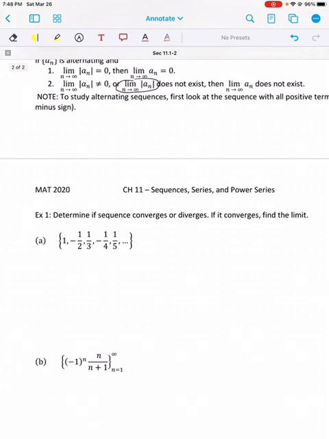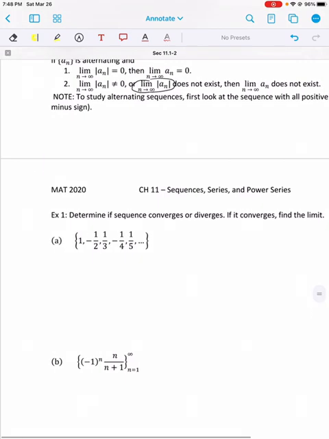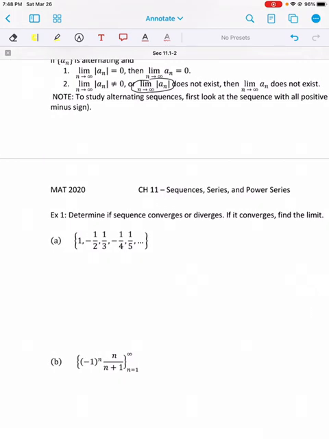So note that when we are studying an alternating sequence, we are first going to look at the sequence with all positive terms, which means we are looking at the sequence by dropping the negative terms. So our sequence here, a sub n, in this case, is this.